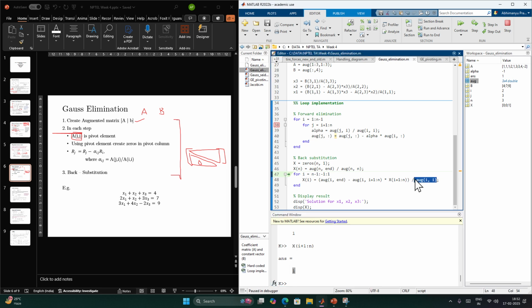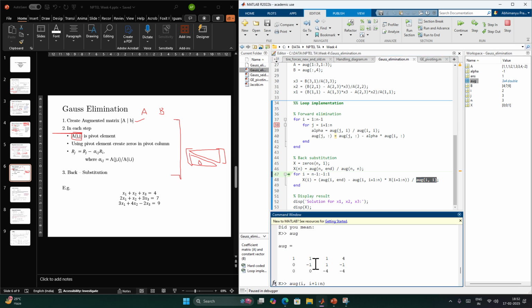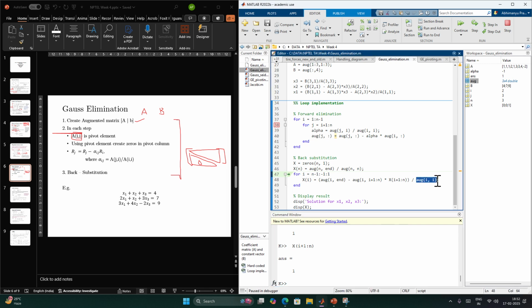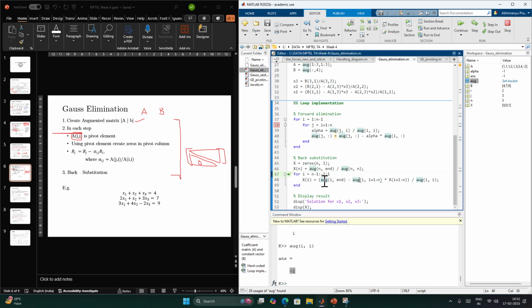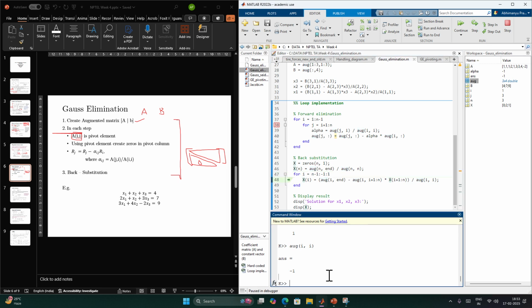And I'm just dividing it by this minus 1. Sorry, augmented. Yeah, so I'm dividing it by minus 1. So this will give me x2. So if I run this, now my x would be minus 1 and 2.